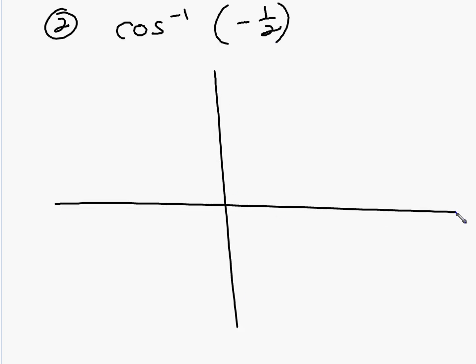One last thing. What if I was asked to find the inverse cosine of negative 1/2? Well, inverse cosine is only defined in the first and second quadrants. And since it is negative, it has to be over here.